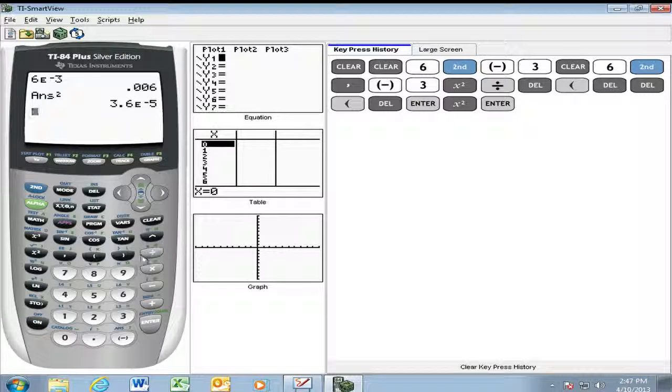Then divided by, of course, your Rn straight up, 600 ohms. When you work that out, you're going to see it's a tiny little bit of watts: 6 times 10 to the negative 8 watts.